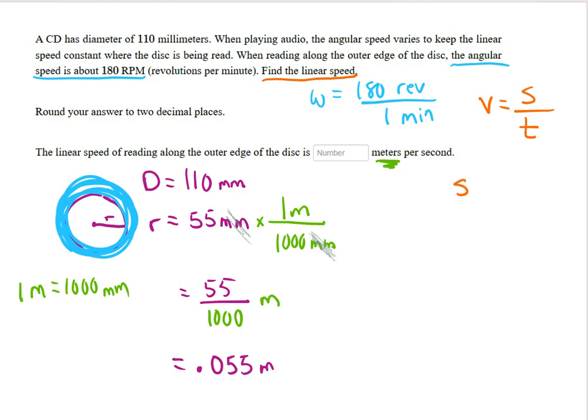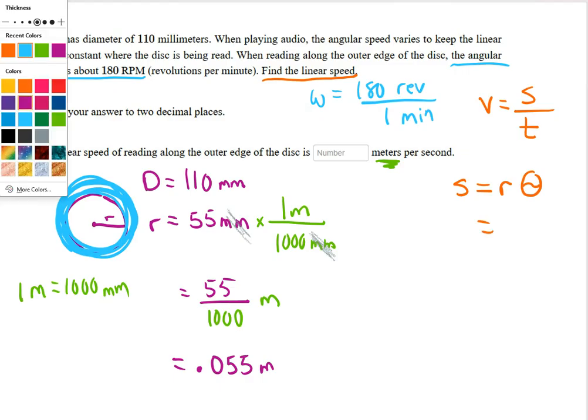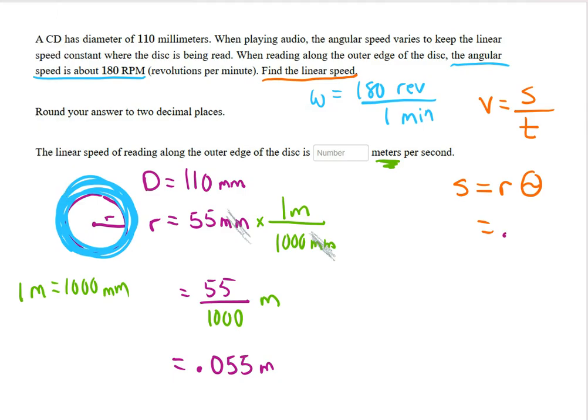S is r, which is our radius, times theta. So I know that right here I'm going to have the 0.055, that's my radius, times my theta. Now theta I've got to figure out.